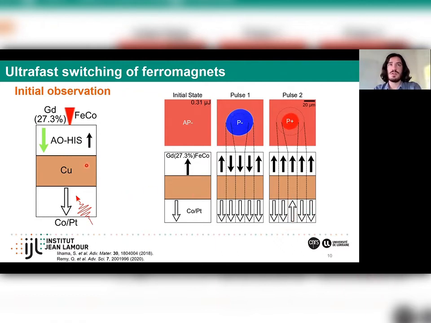So indeed, the magnetization of the gadolinium and the cobalt platinum need to be antiparallel. This shows that there is a transfer of angular momentum between both layers that allows this reversal. And so the spin accumulation generated in the gadolinium iron cobalt will in turn generate a spin current, which is then reversing the magnetization of the cobalt platinum.